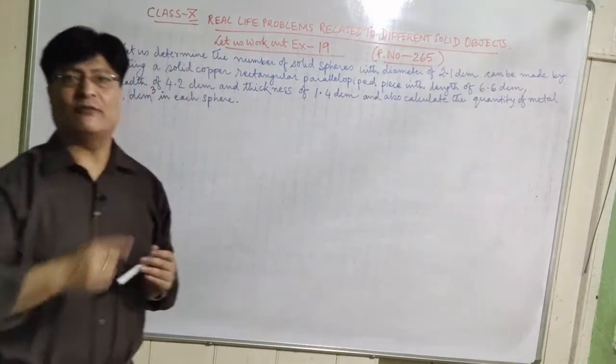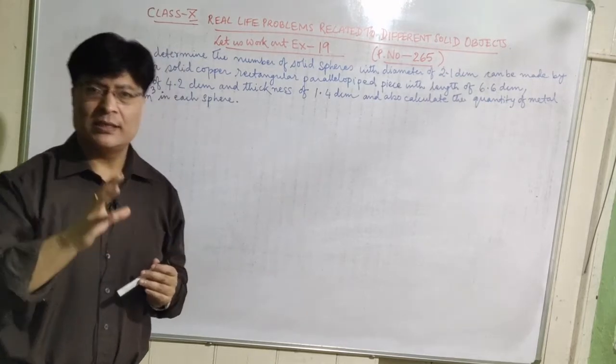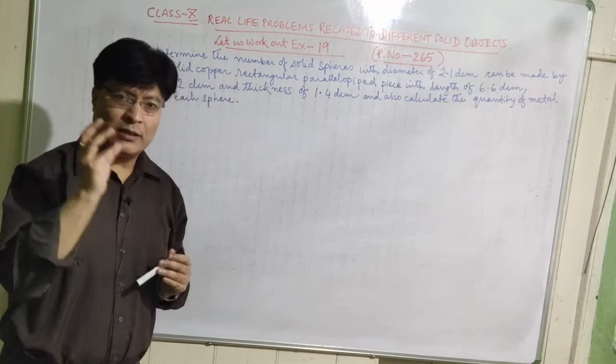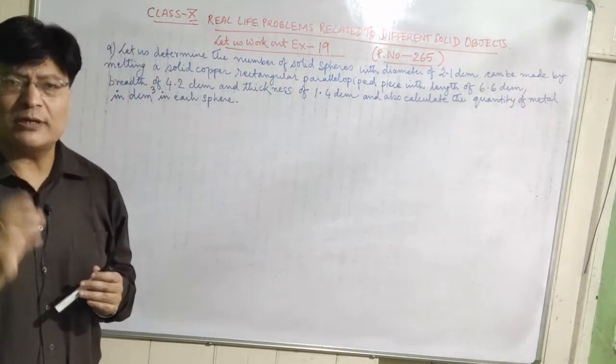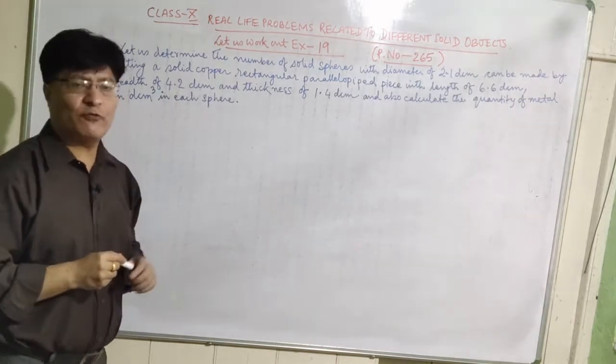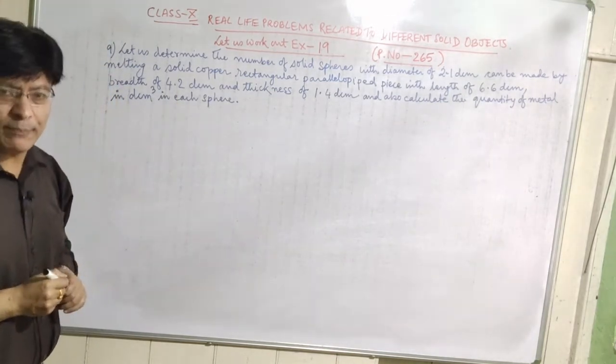So you have to calculate the volume. So first of all, that solid rectangular parallelepiped is melted, and from there a number of solid spheres are made. Okay, so let us find out the volume of this solid copper rectangular parallelepiped.